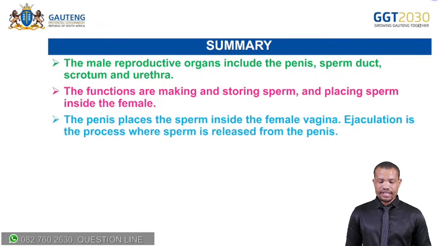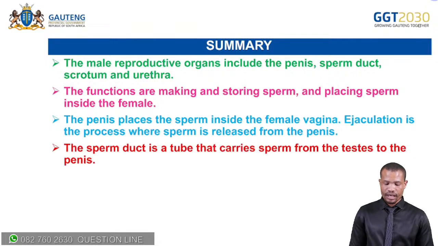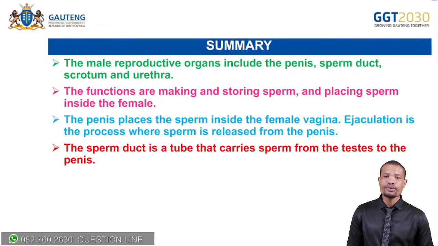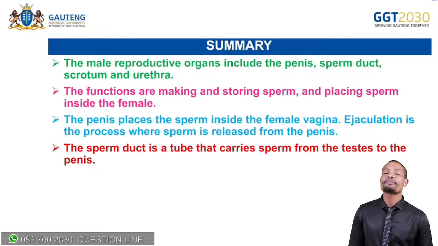Right, the penis places the sperm inside the vagina through ejaculation, and ejaculation is a process where the sperm is released from the penis. The sperm duct is a tube that carries sperm from the testis to the penis. Okay, the sperm duct carries sperm from the testis to the penis.